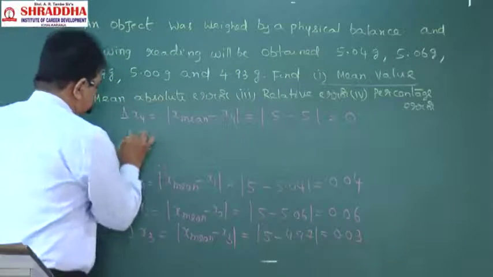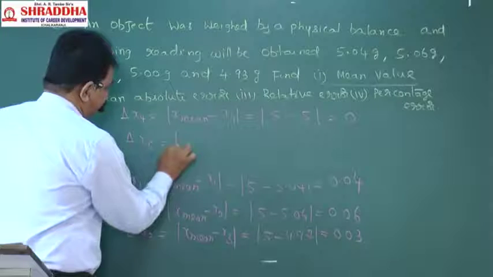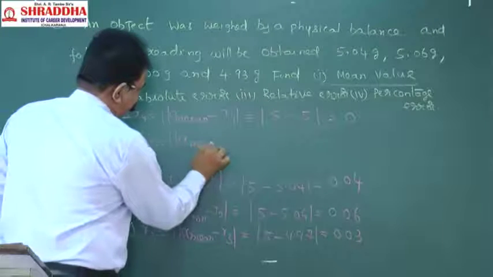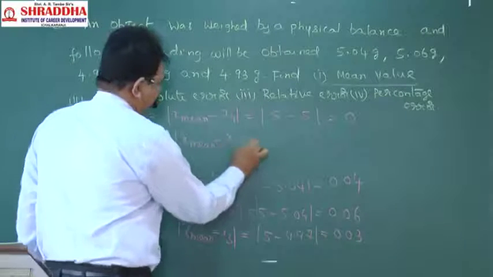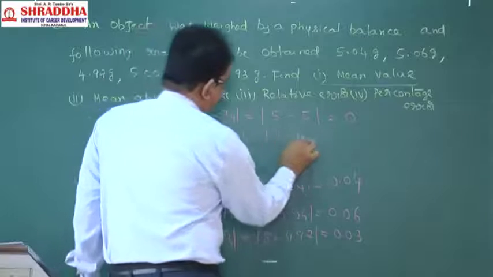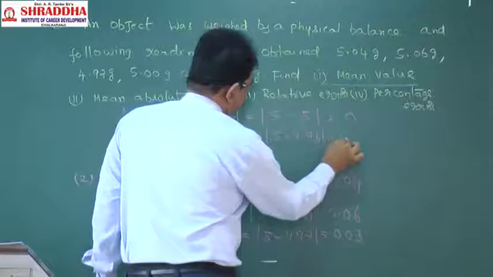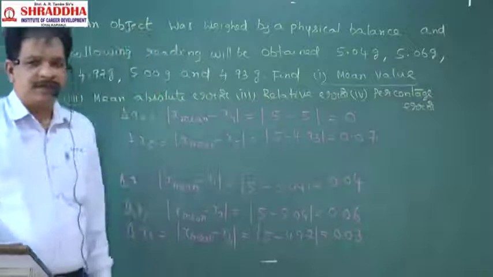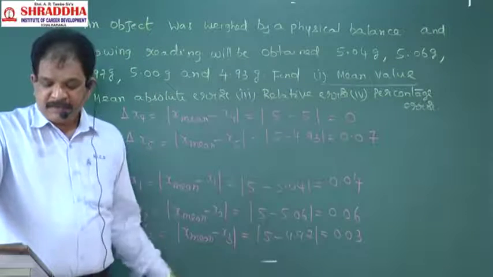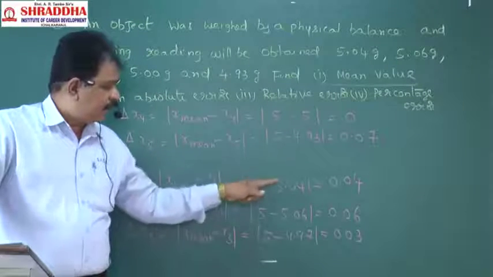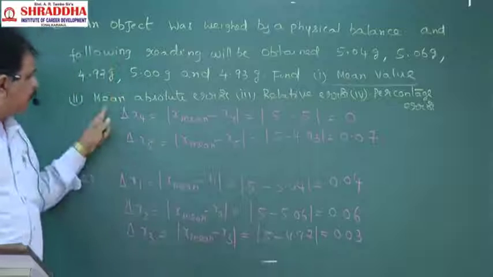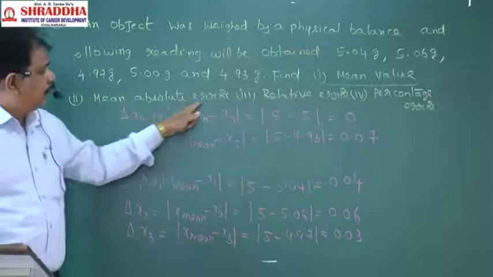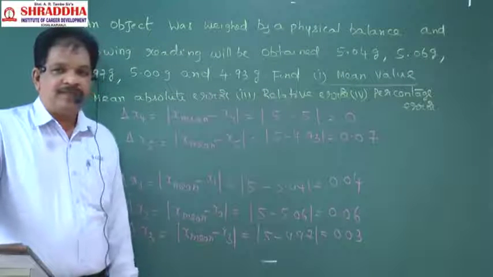Next, delta x5 is equal to x mean minus x5, 5 minus 4.93, this value is 0.07. Clear? The average of all of these is called the mean absolute error.